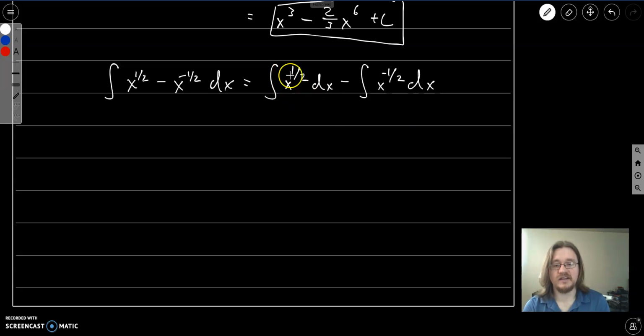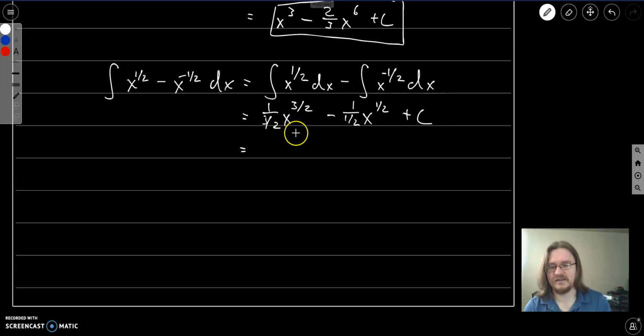I don't even have any constants in here, so I don't need to worry about that. I can just take x, raise it to one higher power, so 1 more than 1/2 is 3/2, and divide it by 3/2, that power there. And subtract, okay, so I'll take x, I need to raise it one higher power. 1 more than -1/2 is +1/2, and then I divide it by that power, and then I add c.